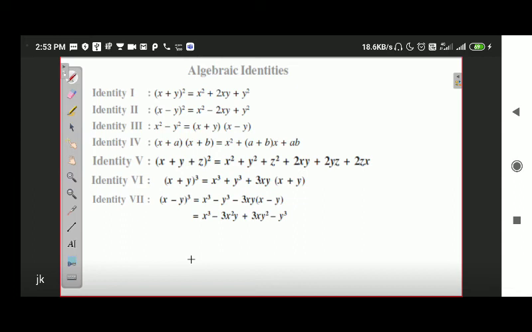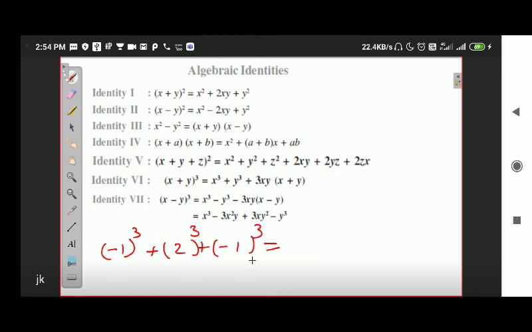if you have three numbers, let's take an example, minus 1 cube plus 2 cube plus minus 1 cube. You have to find out the answer of this expression. So what you can do is, first of all, you add the numbers inside the bracket.